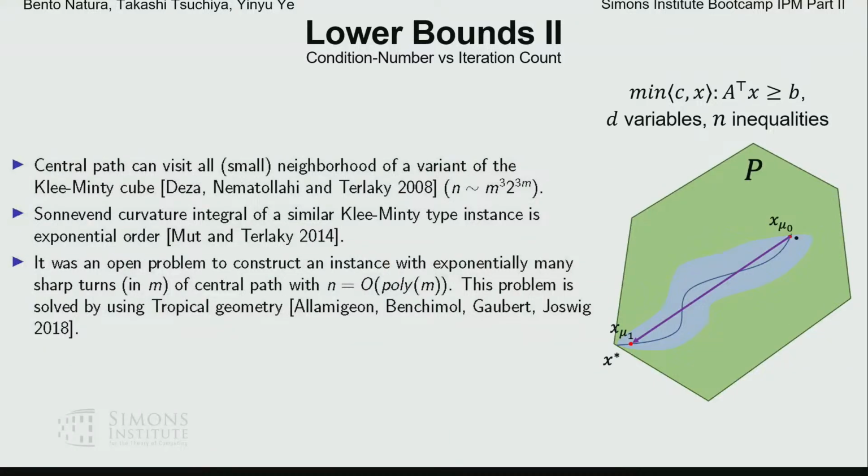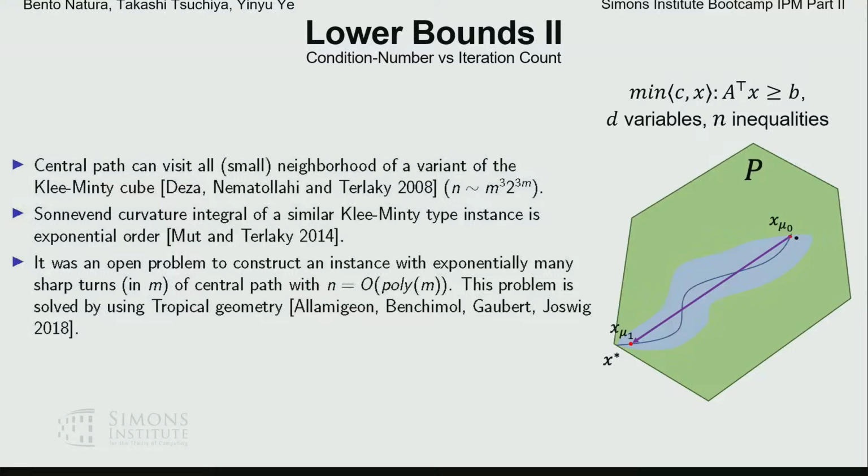For this example, the dimension of the problem is very, very small, but you have to add an exponential number of constraints. So this is an example where the number of constraints is only polynomial in the dimension of the polytope, but however, they are still able to prove the double exponential condition.